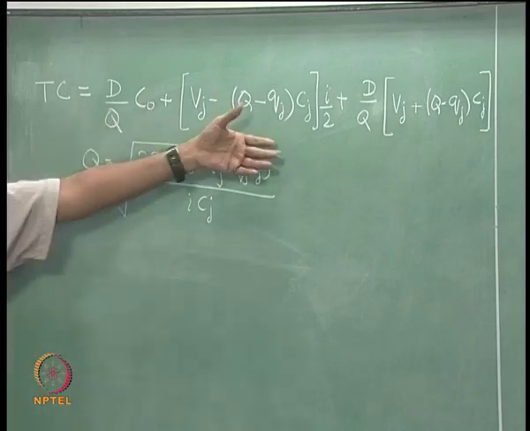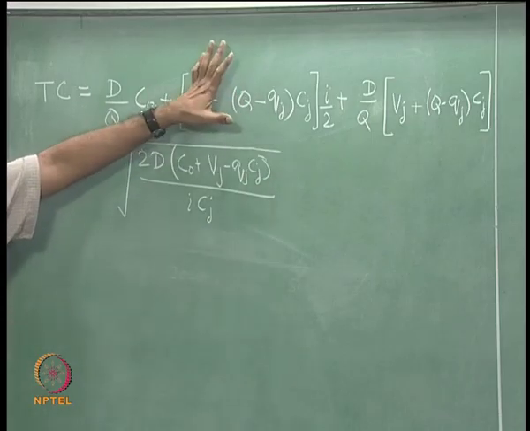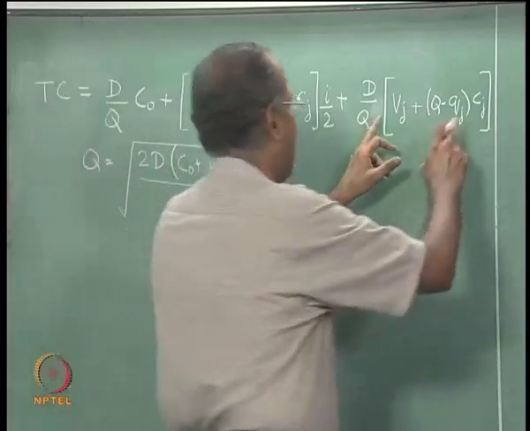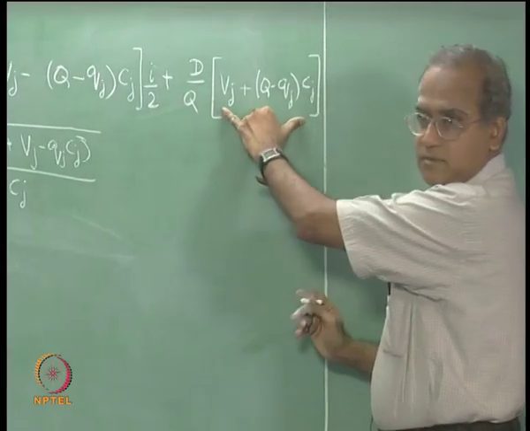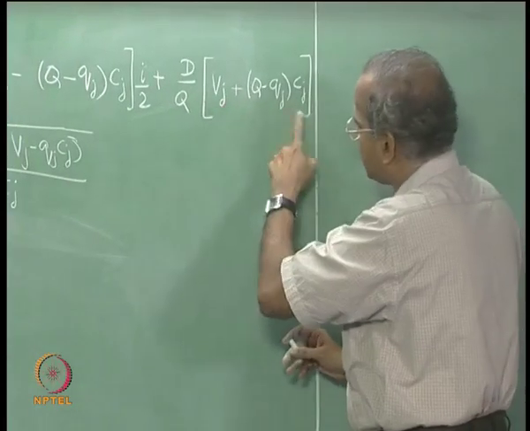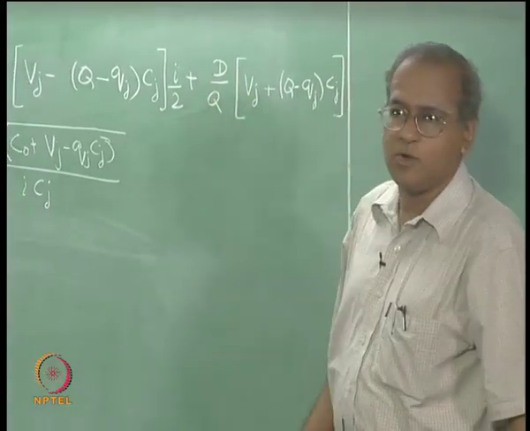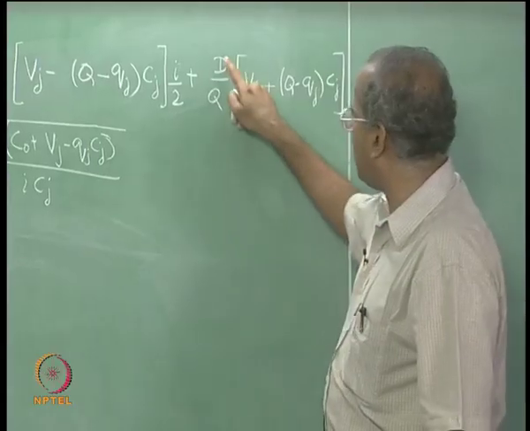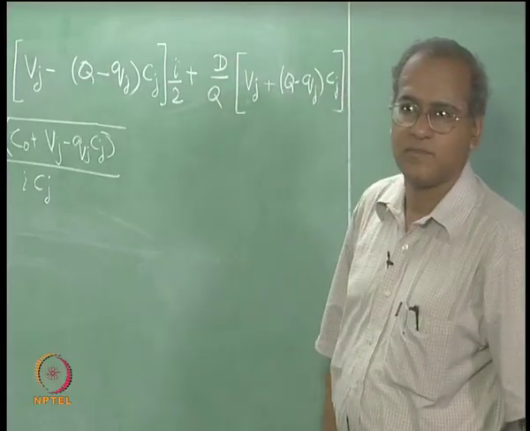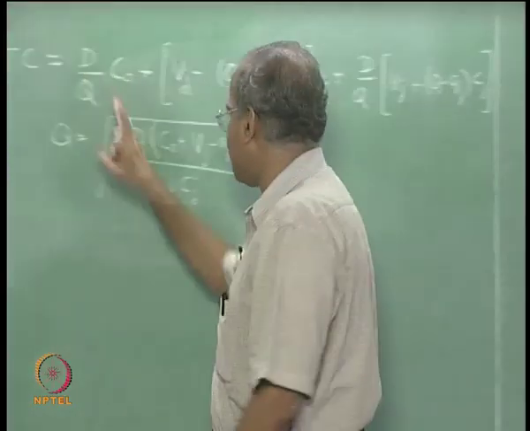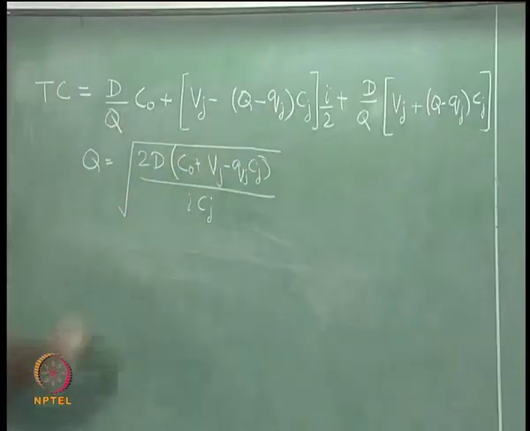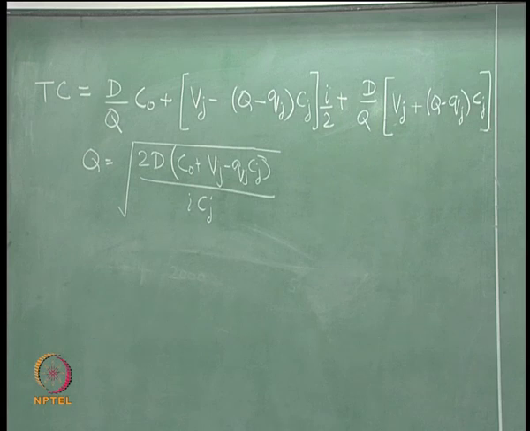That into I by 2 is the inventory holding cost, and this is the money value per order. The number of orders per year is D by Q, so the total annual value will be D by Q into this.